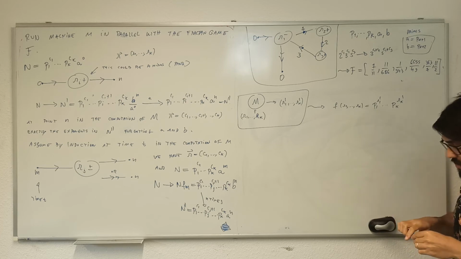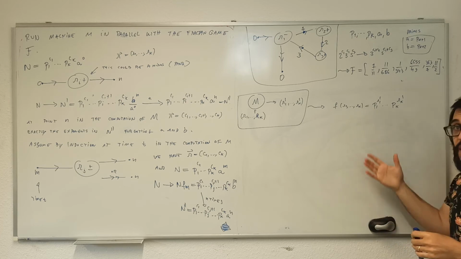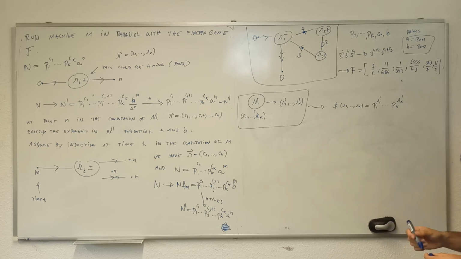Great. So that's the k variable function. You can make it to a one variable if you like, again, by using the encoding in here.